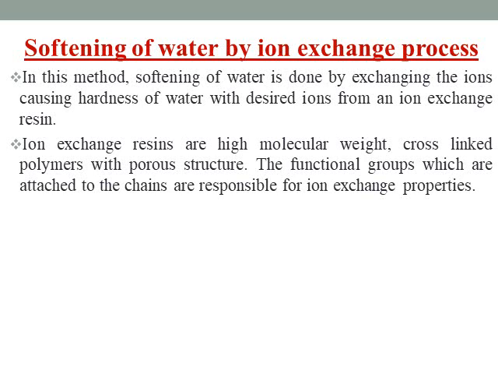And these ion exchange resins are high molecular weight polymers, cross-linked polymers, and they should have a porous structure. The functional groups which are attached to the chains are responsible for the ion exchange properties. Typically, the cation or anion exchanger bed will consist of a high molecular weight or cross-linked polymer with a porous structure, and some functional groups will be dispersed in these polymeric chains.